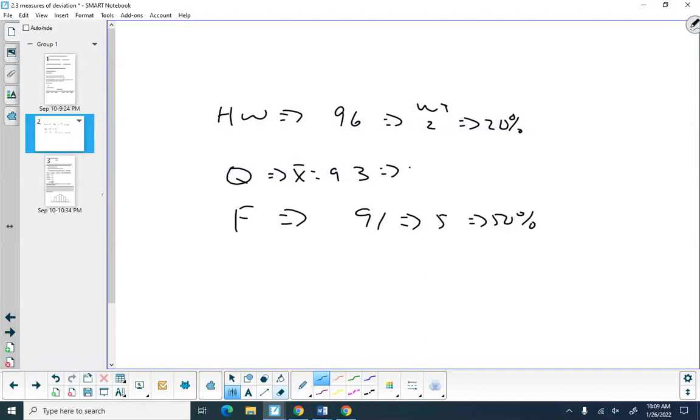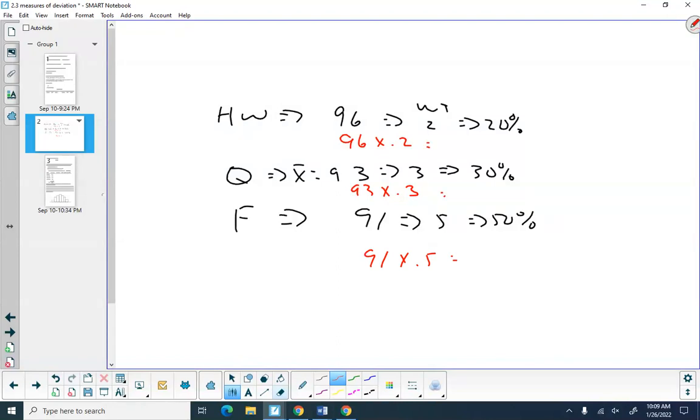This weight was 3, which tells us we have 30%. So we have 96 times 0.2, 93 times 0.3, and 91 times 0.5.